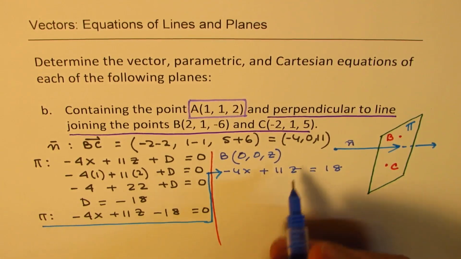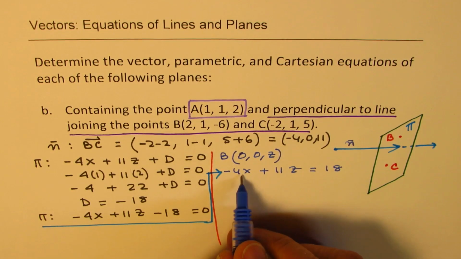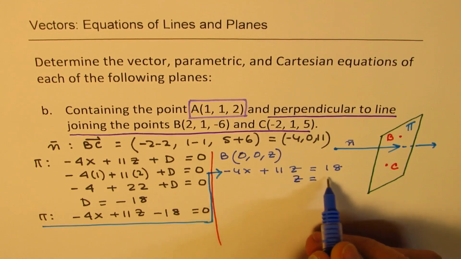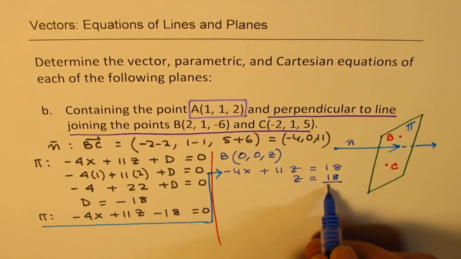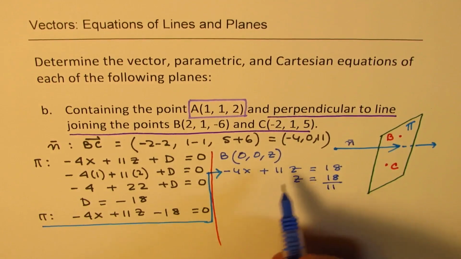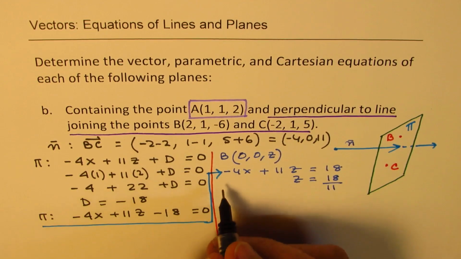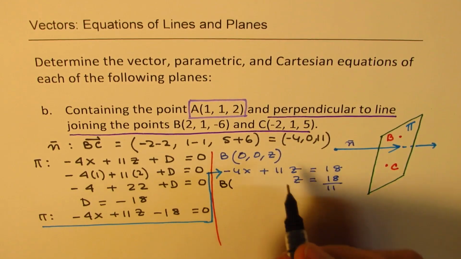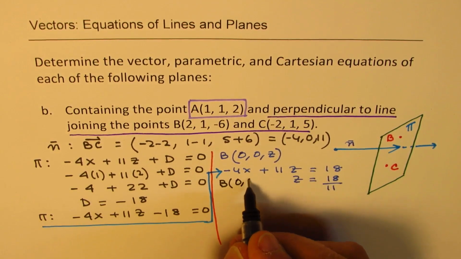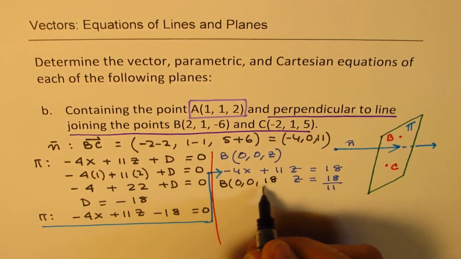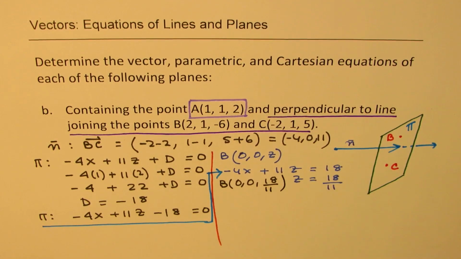Substituting 0, I get z equals 18 over 11. So we get a point here. Let me write down this point B: 0, 0, 18 over 11. Does that make sense? That is how we are going to get a point.